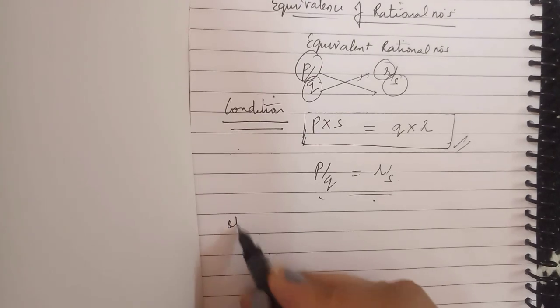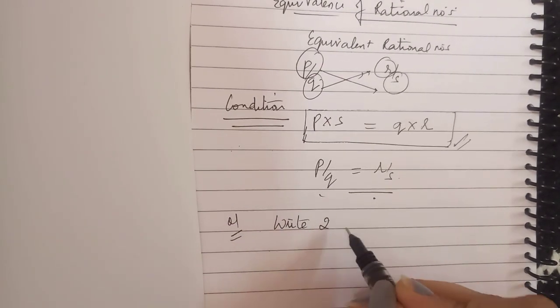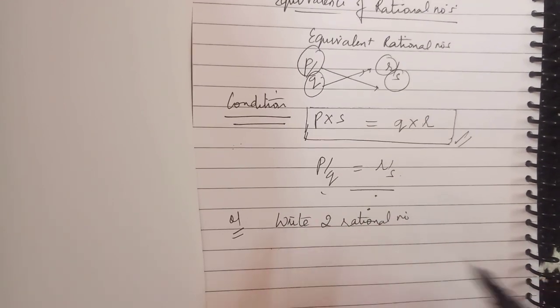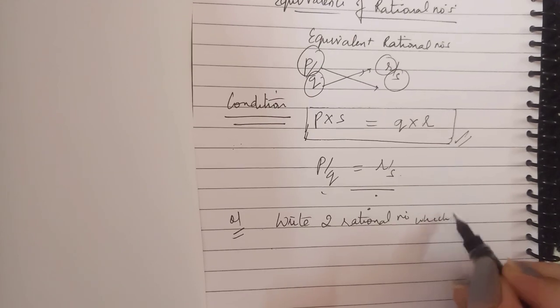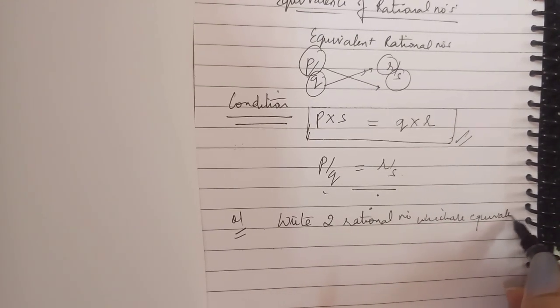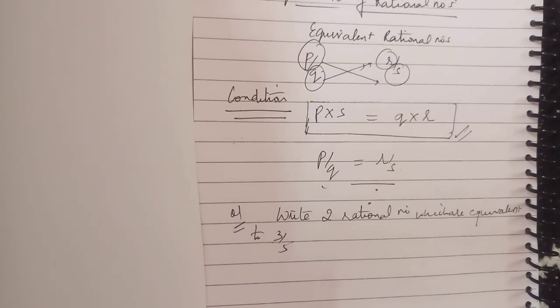So let's first talk about one question. Write two rational numbers which are equivalent to 3 by 5.